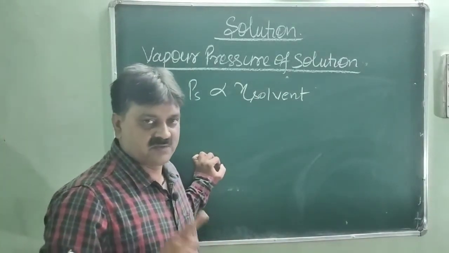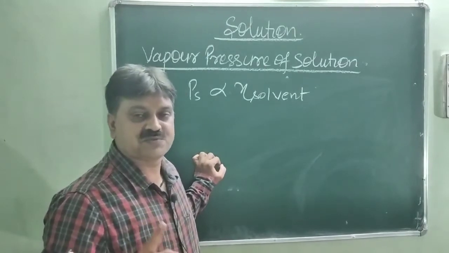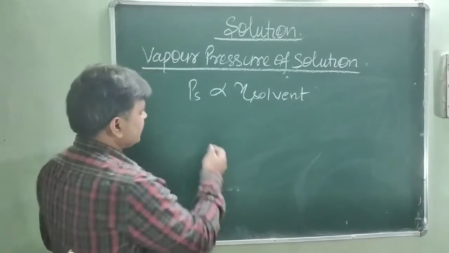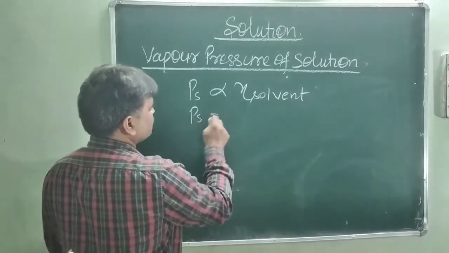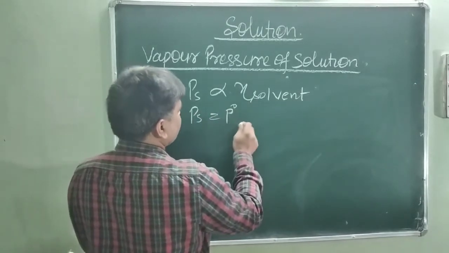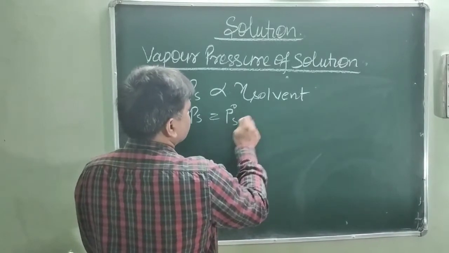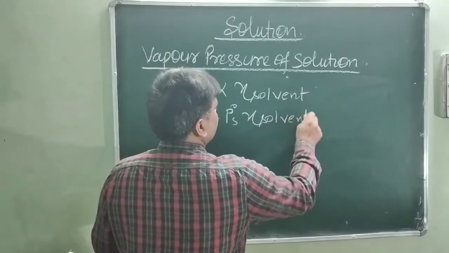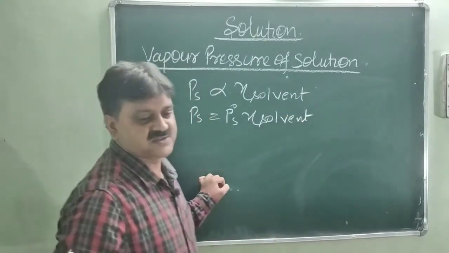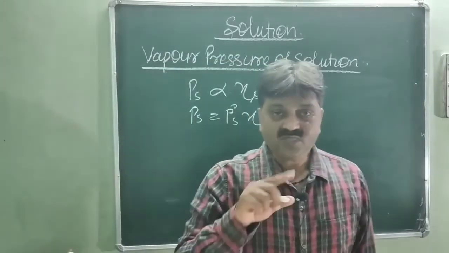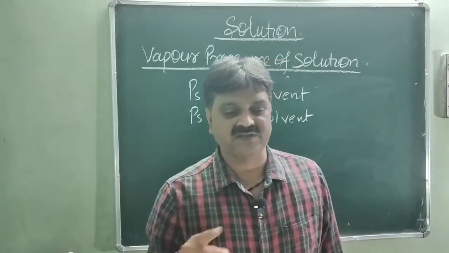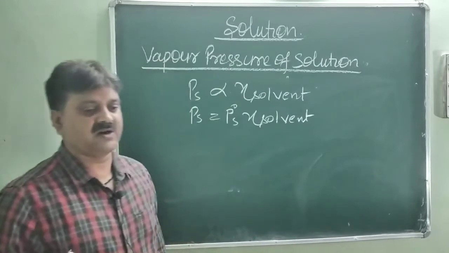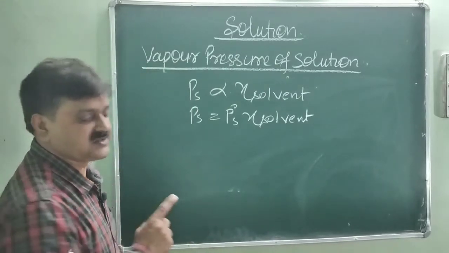What is this showing? The vapor pressure of the solution is directly proportional to the mole fraction of the solvent. So we can write PS is equal to P naught S times X solvent. P naught S is the proportionality constant.